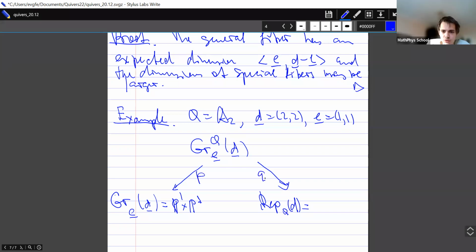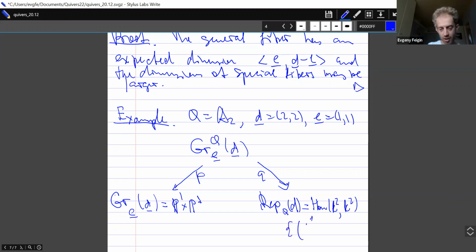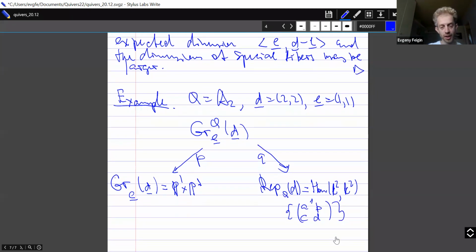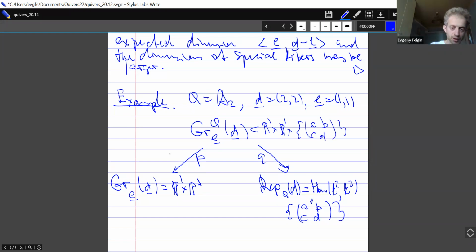A four-dimensional affine space, just Hom from K2 to K2, the set of all matrices. So this means that this guy sits in P1 times P1 times K4.